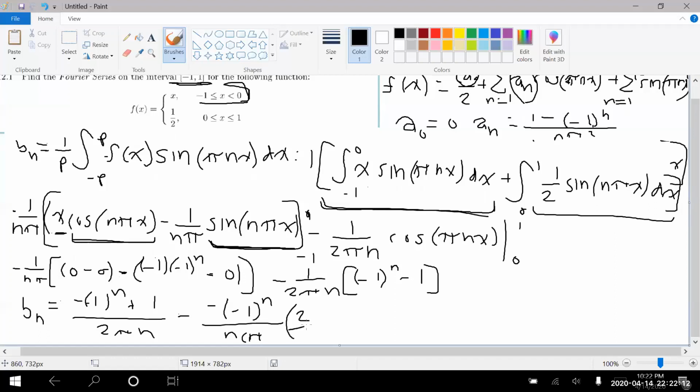Like I said before, multiplying by 2 over 2 allows you to combine these terms, and you should get b sub n equals 1 minus 3 times negative 1 to the nth power over 2 pi n.